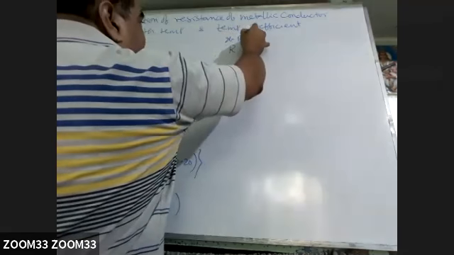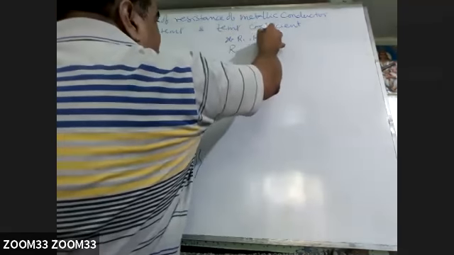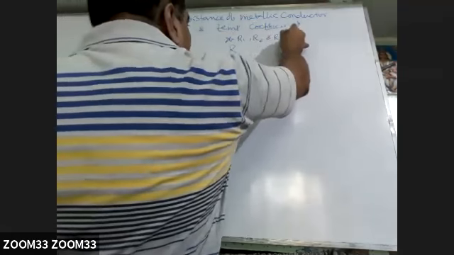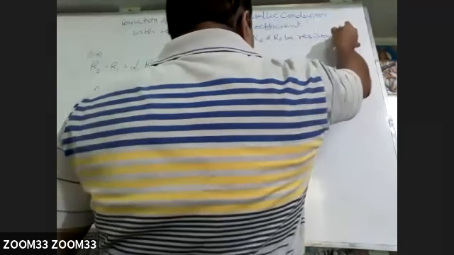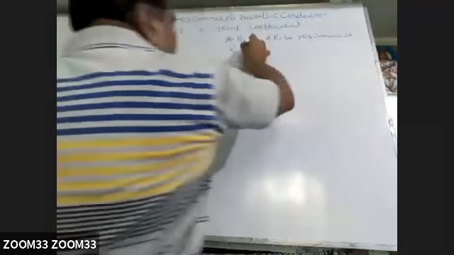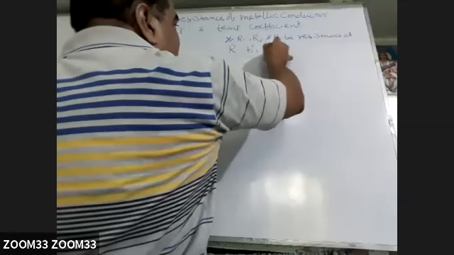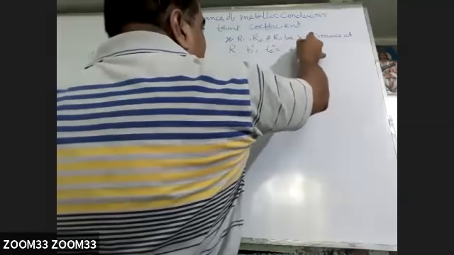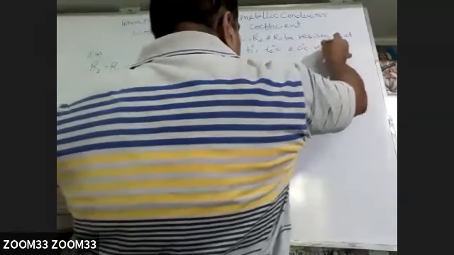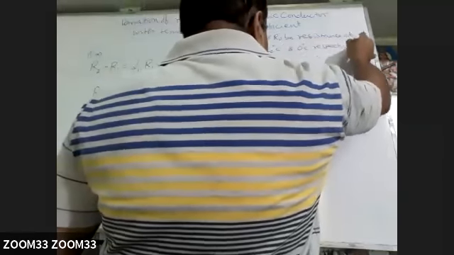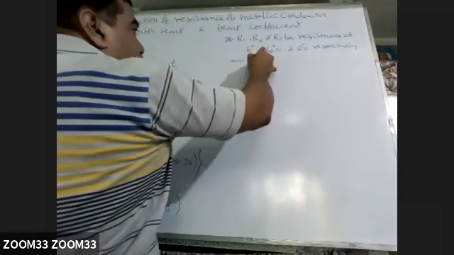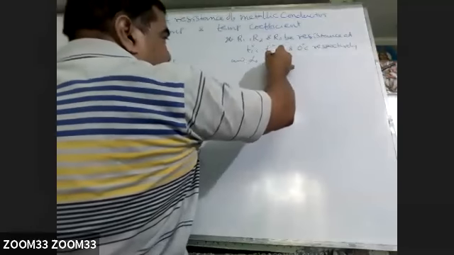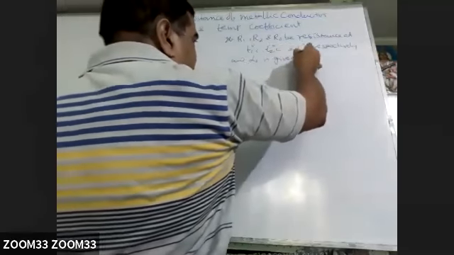Suppose R1, R2 and R0 are at T1 degree Celsius, T2 degree Celsius and 0 degree Celsius respectively, and alpha 0 is known. Then what will you do?